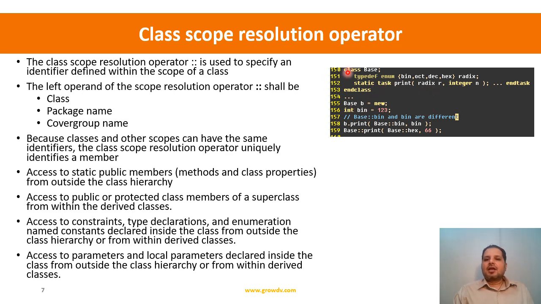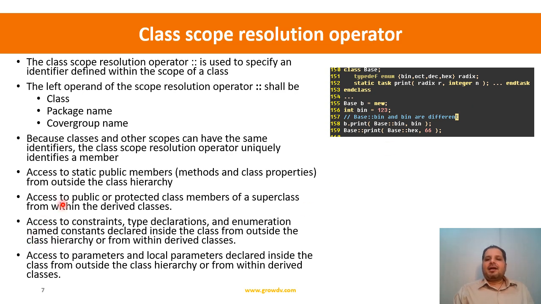The second is if you have an enum and you want to access its enum constants, that's another popular use case for the scope resolution operator. Here I can use the class name, then bin, which is a named constant in the enumeration type that I have defined. And if you have any parameters declared, those can also be accessed using the scope resolution operator, because they are also static in nature.